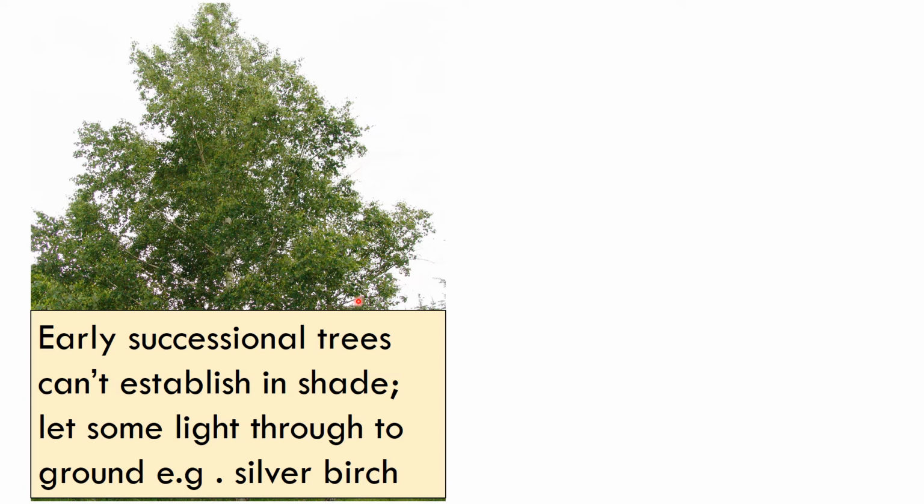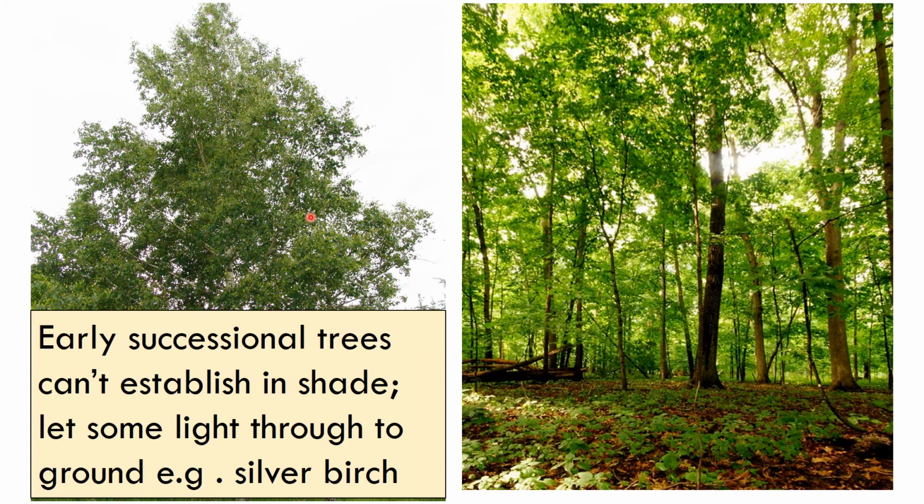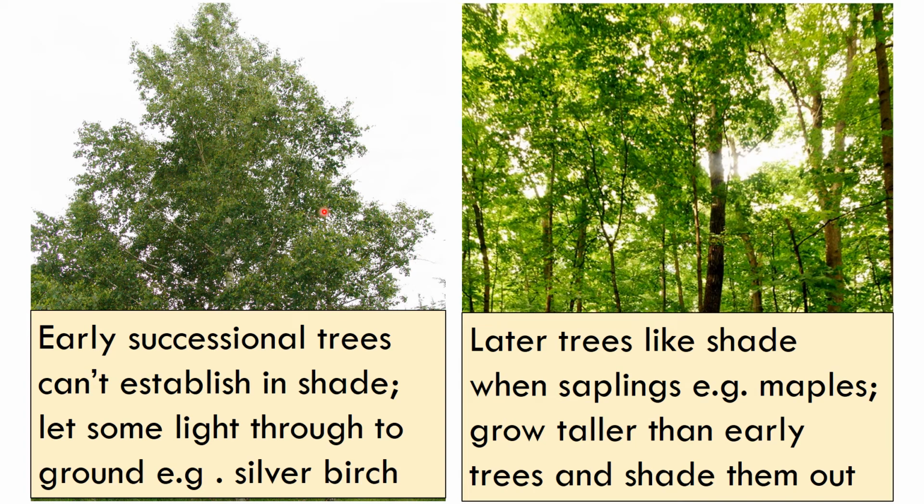Now, in succession as well, you also have different types of trees. So the early successional trees, this is silver birch, which you can tell by the trunk. They can't really establish in shade. They need bright light. However, they will let some light through to the ground. And then later trees are the ones that can cope with shade when they're saplings, when they're small trees.